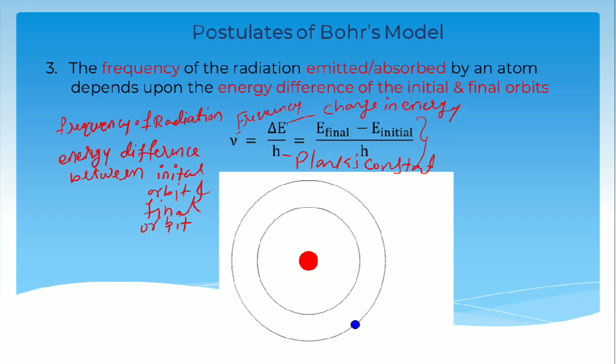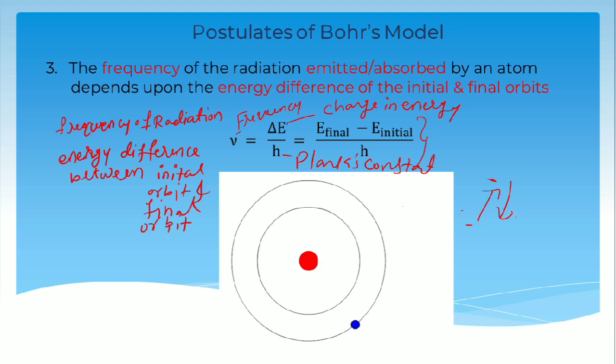When an electron jumps from a lower orbit to a higher orbit, it absorbs energy. When an electron jumps from a higher orbit to a lower orbit, it emits energy in the form of light.